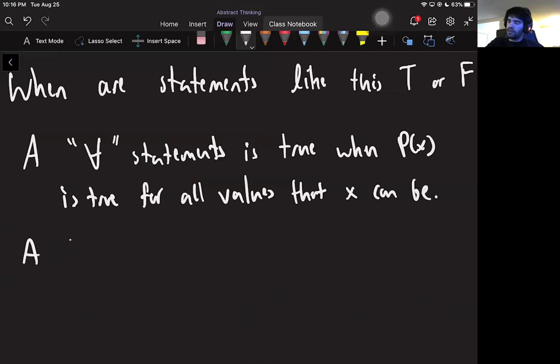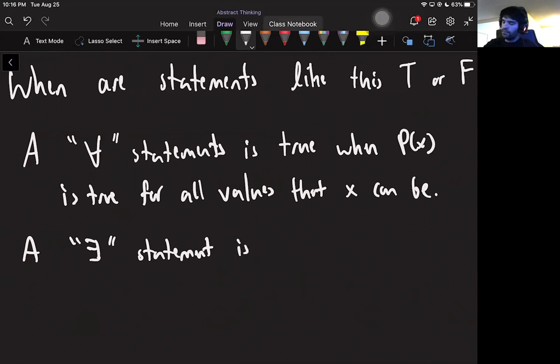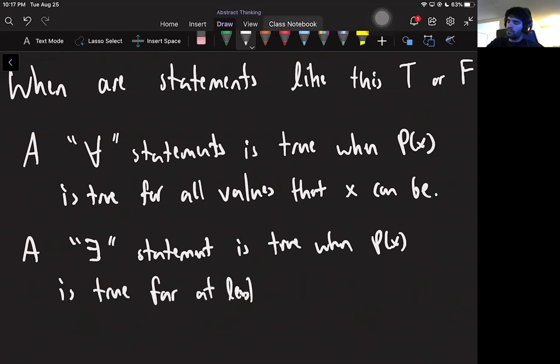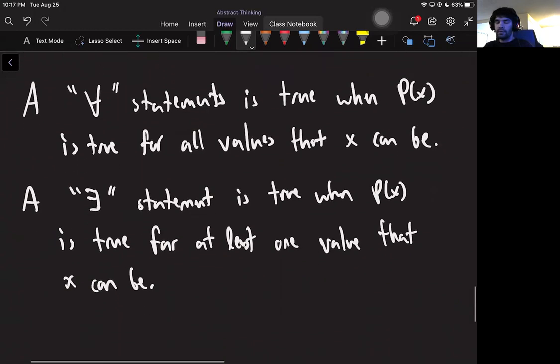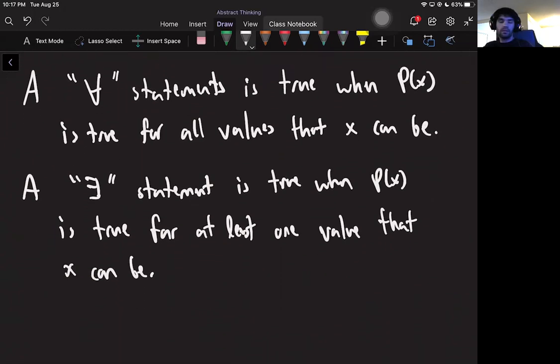But a there exists statement, meaning a statement that is quantified by there exists, is true when P of x is true for at least one value that x can be. Because you're just saying that something exists, that it happens at least once somehow. You don't care how many times it happens; as long as it happens once, it's true.